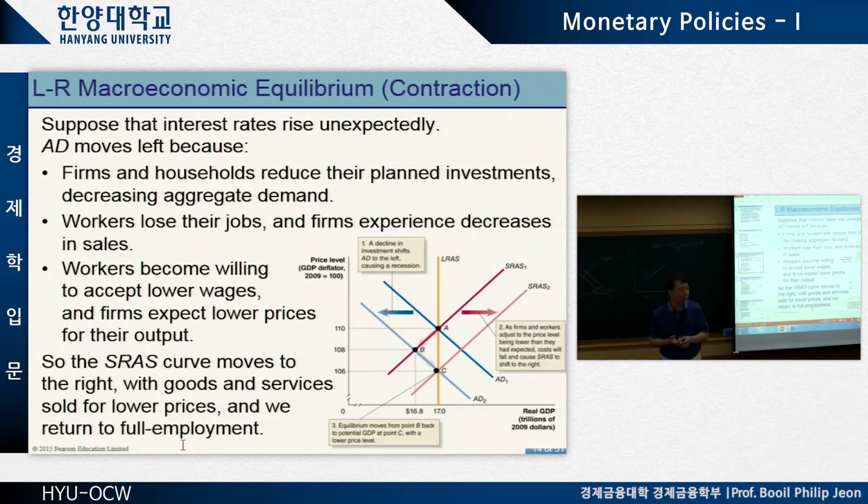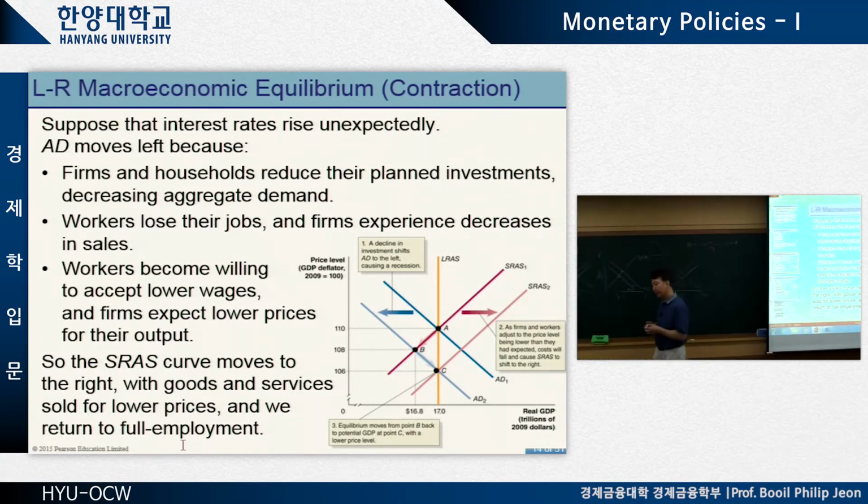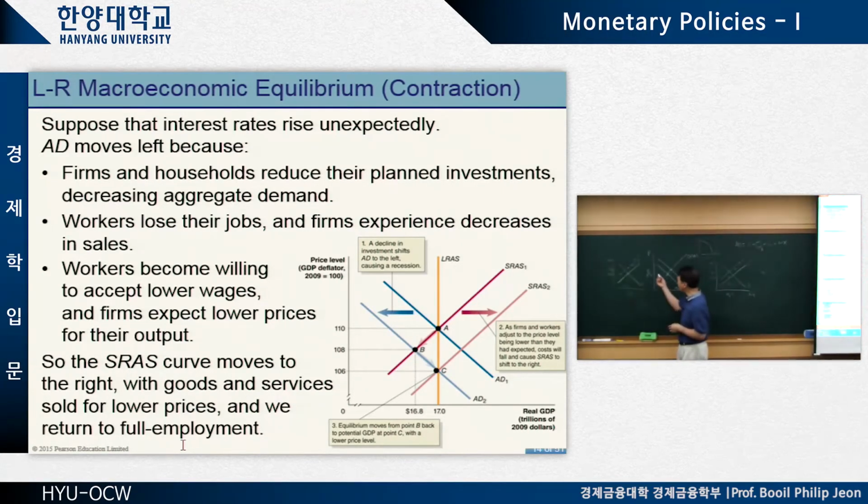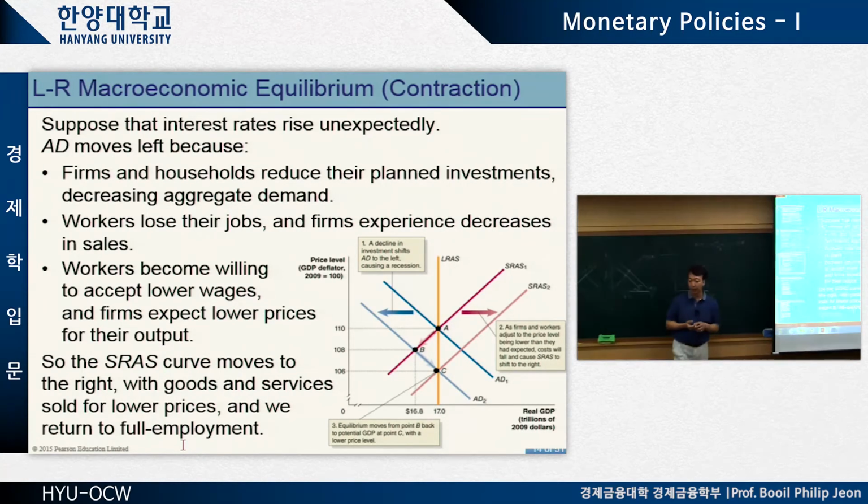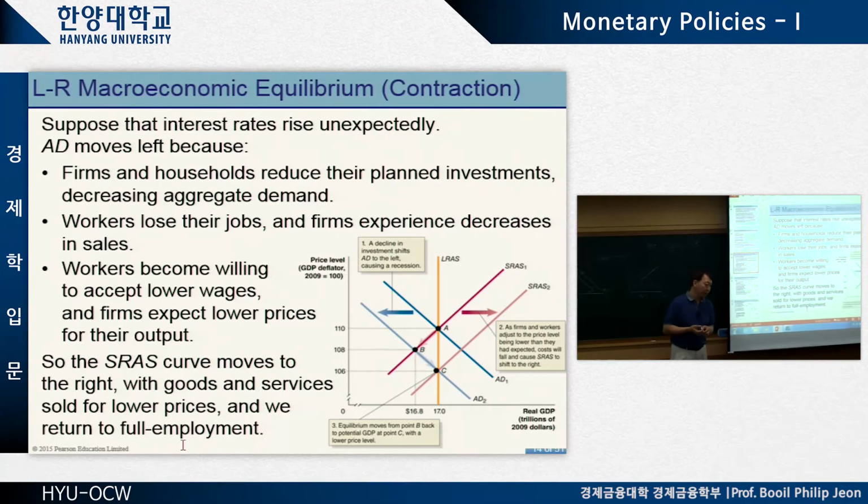Given sufficient time, workers will realize that the price level came down, which means things became cheaper, right? Most of the goods and services became cheaper, and that means they can now accept a little lower wages.